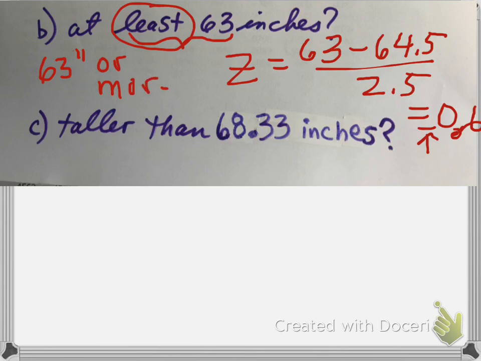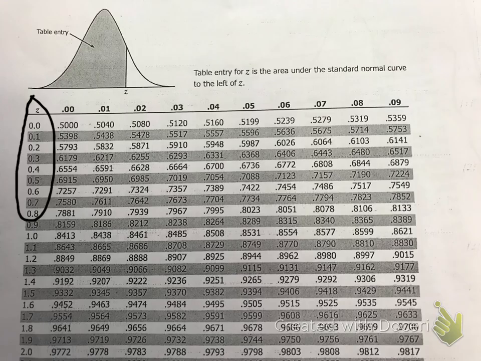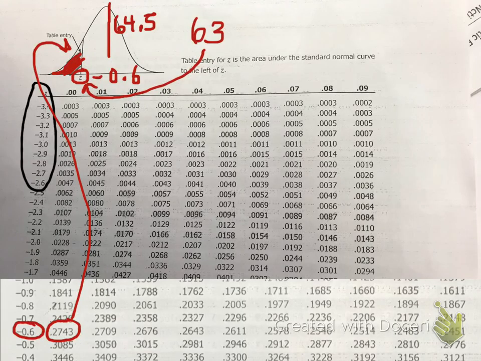Okay? Now here's where you're going to have to be very aware of what you're trying to do here. This table only gives you the area less than the Z-score. So if you look at this, the thing is shaded to the left. We want the area to the right, someone that is taller than 63.